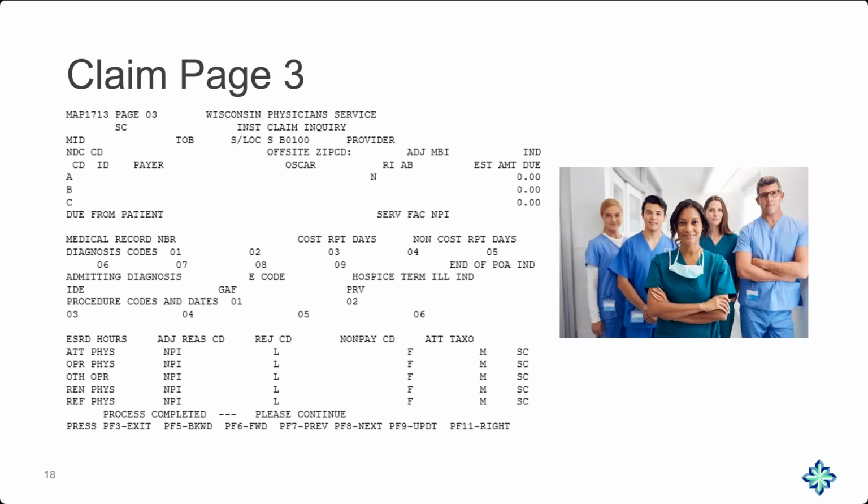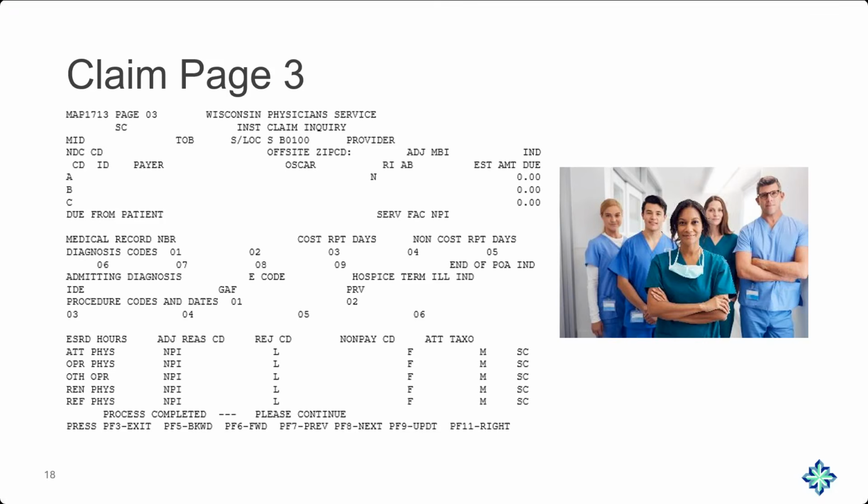Specific fields include diagnosis codes for principal and other conditions coexisting at the time of admission or which developed subsequently, and which had an effect on the treatment given or the length of stay. Attending and referring physician information, which would be the NPI and the name, and then monetary details such as the estimated amount due and the amount due from the patient.